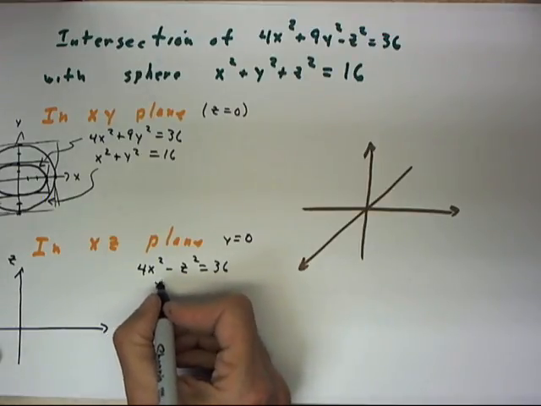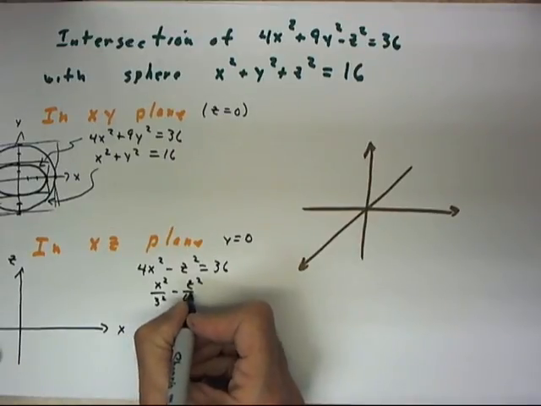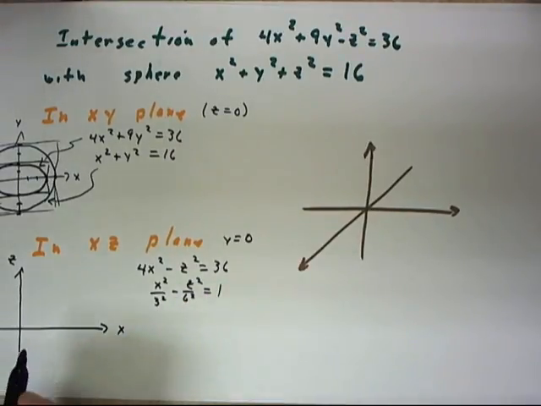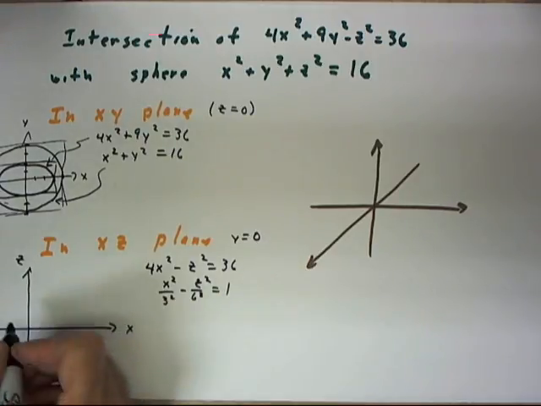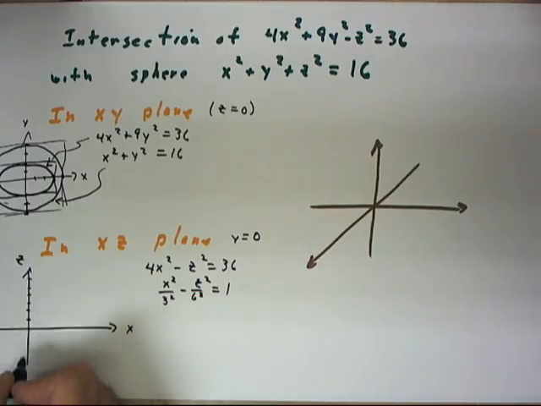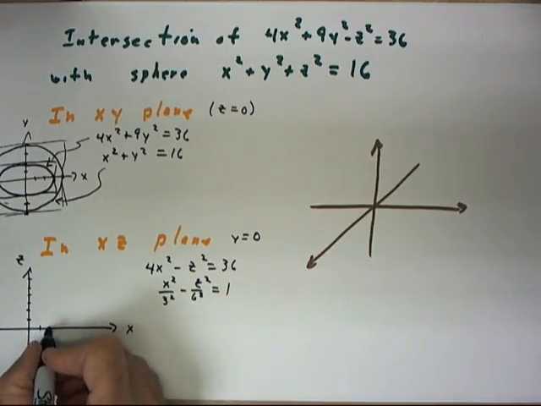If we rearrange this, it's x squared over 3 squared minus z squared over 6 squared equals 1. And this tells us that we have to move up 6 units in the z direction, 6 units down, only 3 units in the x direction.